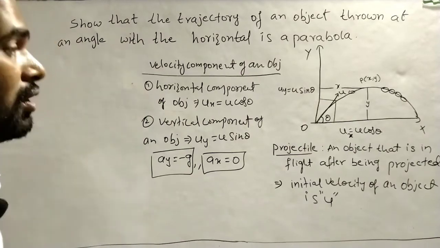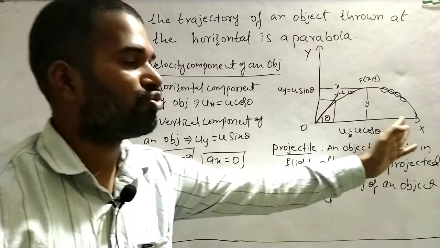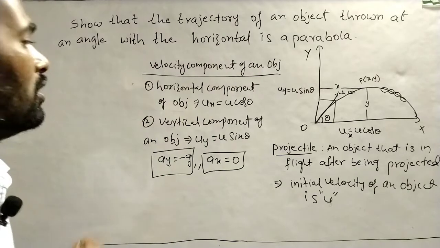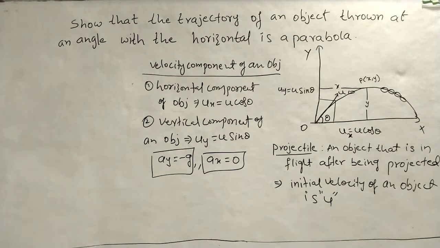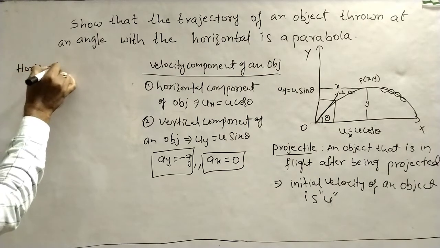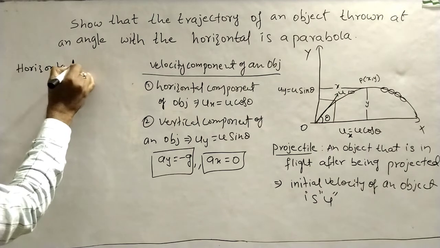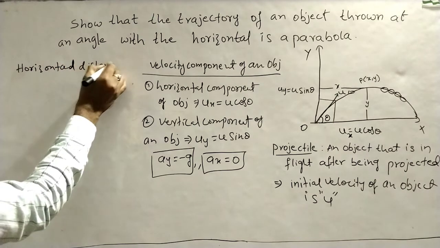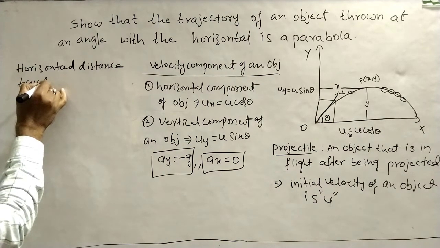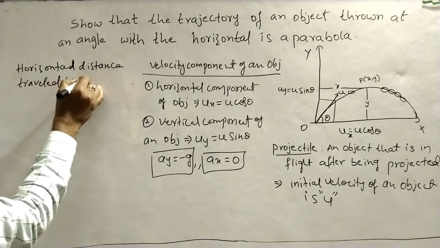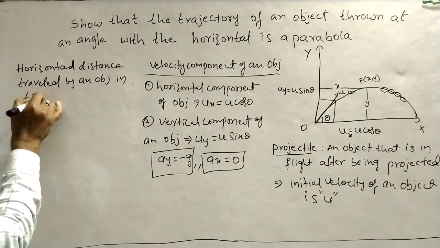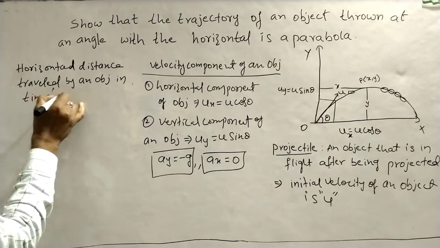Now we have to find the horizontal distance traveled by the object and the vertical distance traveled by the object. First we will write the horizontal distance traveled by an object in time t.